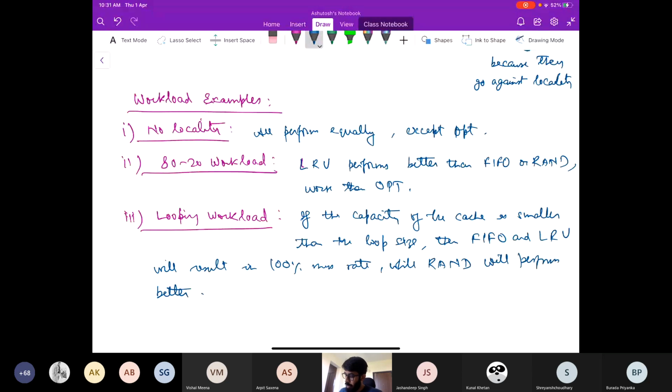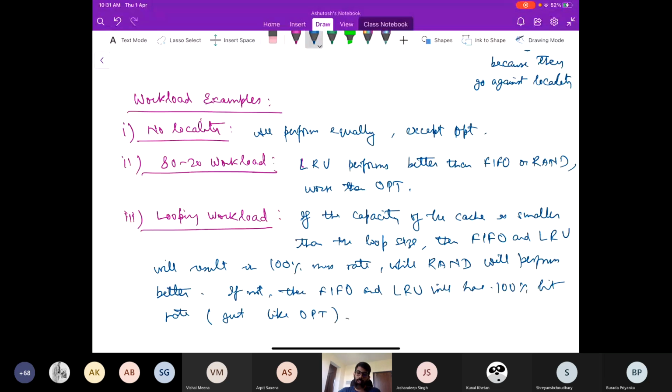But if not, then FIFO and LRU will have 100% hit rate, just like opt. Because now all the pages through which it is going to loop again. Here, whatever miss rates I'm writing are after the cold ones. So let's not talk about the cold ones.